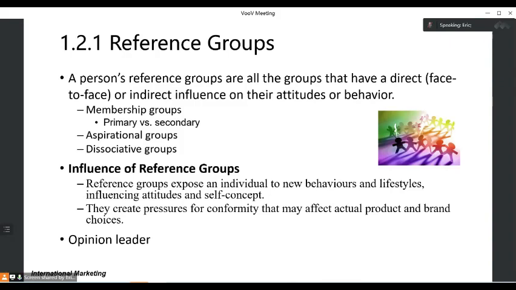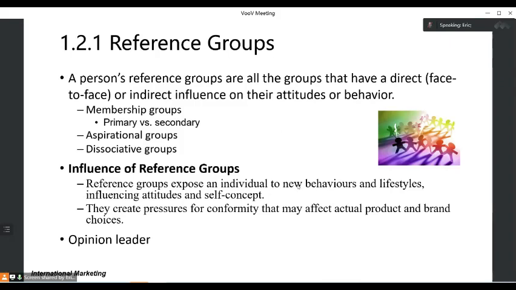For example, people who often drink alcohol, or some groups who use drugs. So it's not a good group. We should leave them. This is a reference group.